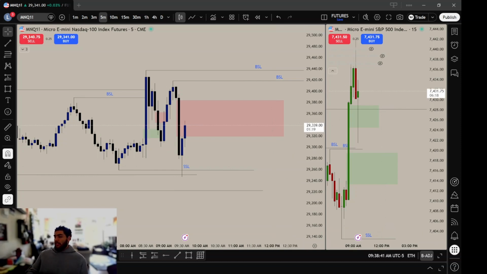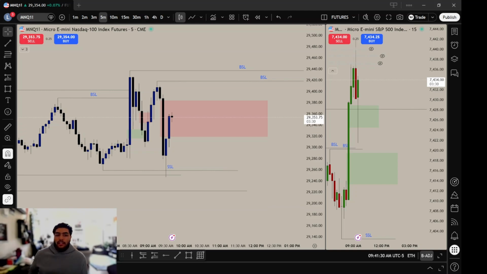All right, I'll just wait for the market to do its thing. Kind of just like the last trade, like this one right over here. If this creates a fair value gap, we are gonna have to wait until this bearish or bullish comes back into this fair value gap.